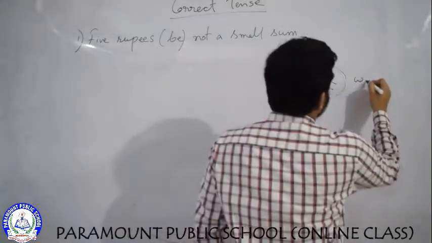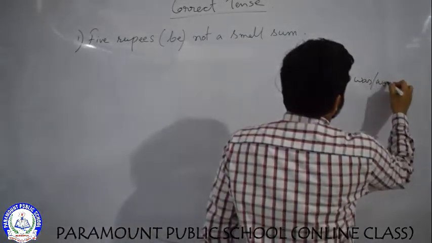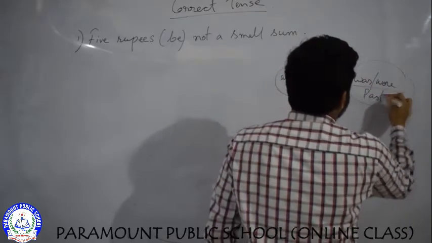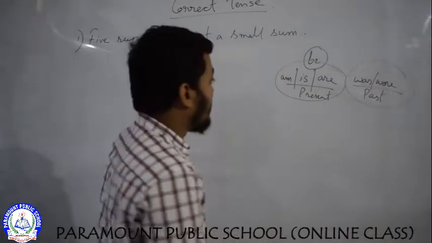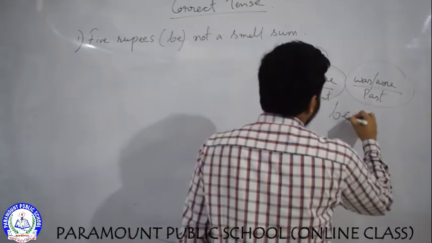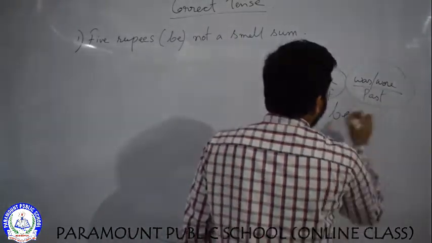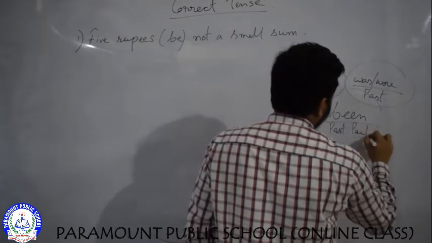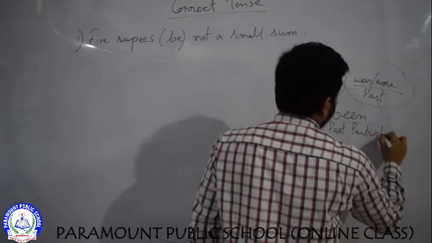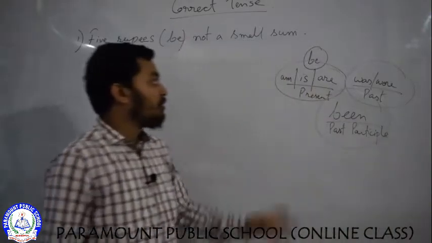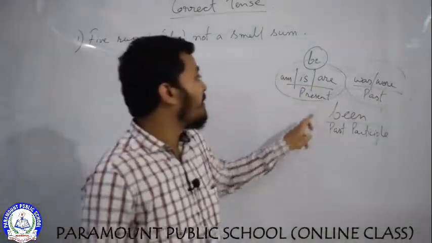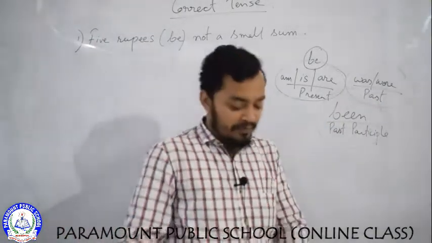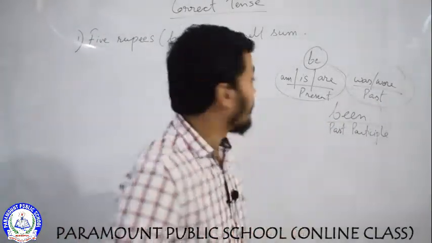Was, were are the past forms. What is the past participle? Been, B-E-E-N, been. Been is the past participle. Clear? So am, is, are are the present forms of the be verb, was, were the past forms, and been the past participle. Okay.